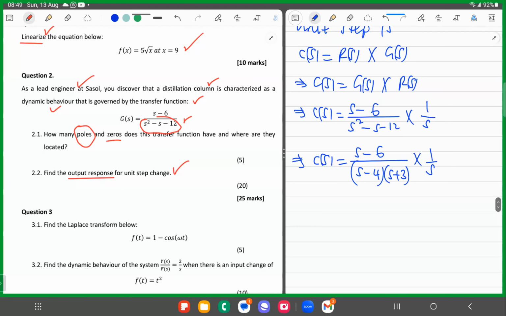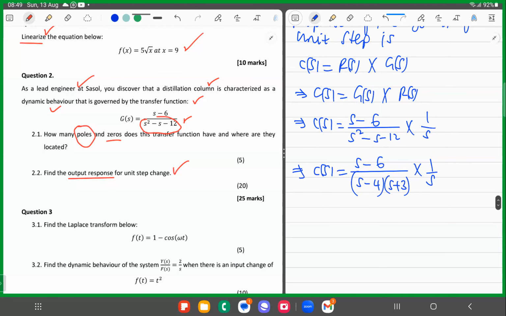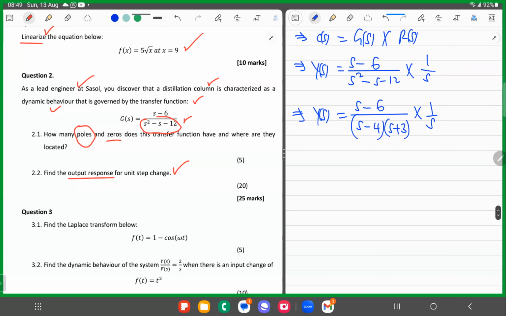Okay, and then now this means that you can write this one like that. As said already, sometimes it can just be written like that. I would like to write it as C of s here, or I can write it as y, because functions are called f, y, and so on.